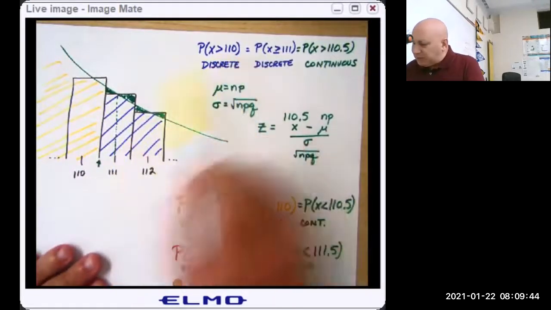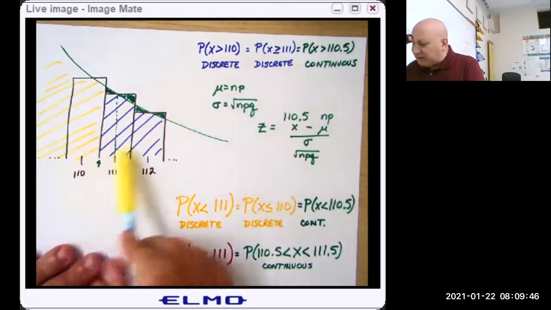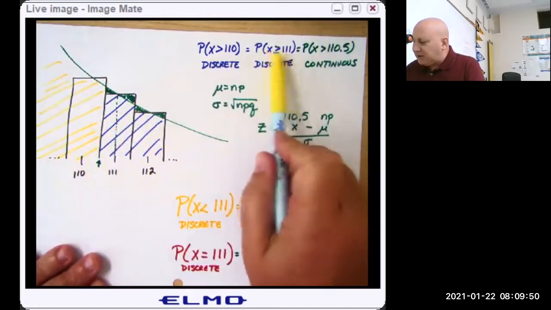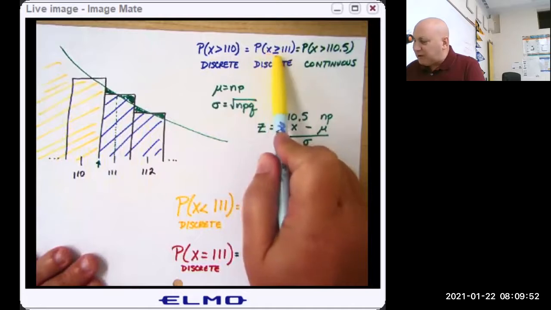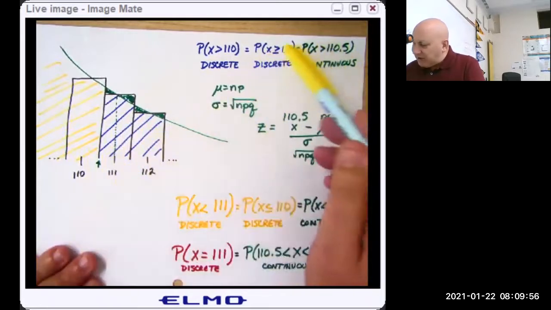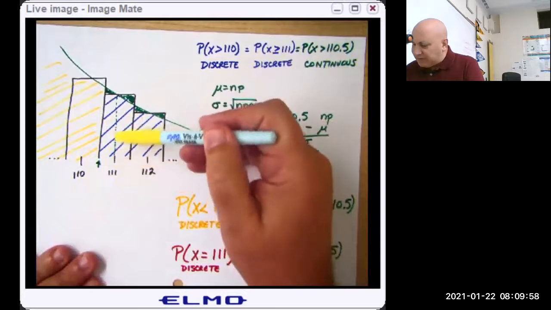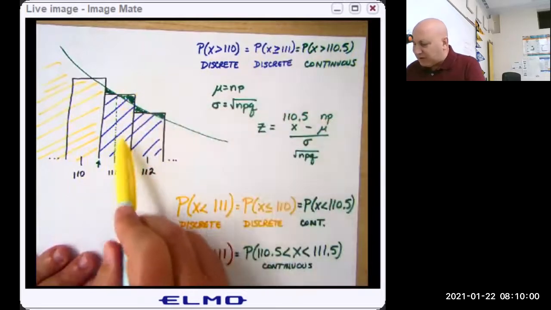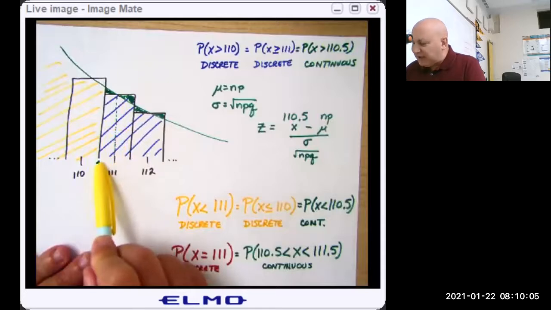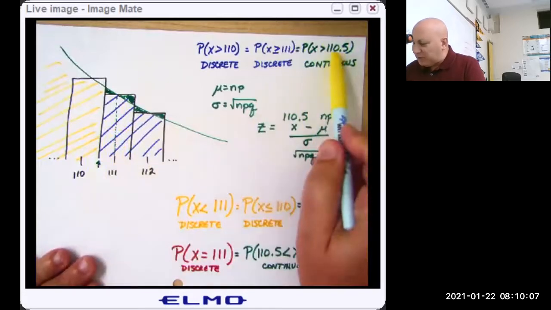Greater than 110 is 111, 112, 113. So that's X is greater than or equal to 111. Now if I go here to 111, you see I'm only getting half the rectangle. In order to get the other half, I have to scooch it to the left to get 110.5.